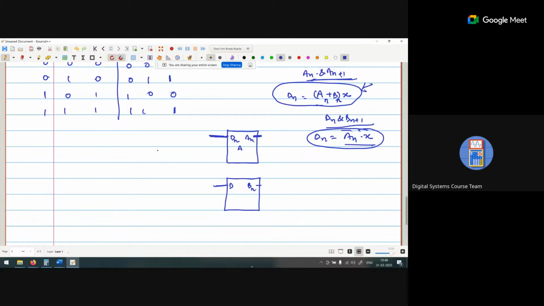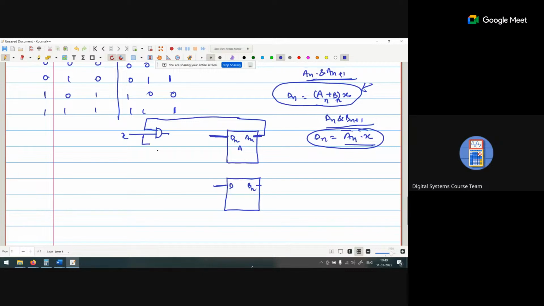So for example, we are saying that this is the An. Okay, so I'm taking this as the An. And this An is multiplied with the x, and from here we are taking as a Bn. So An multiplied with x input, ANDing of these two.